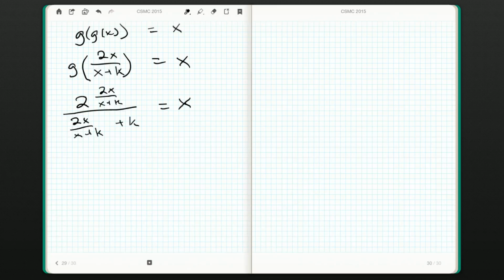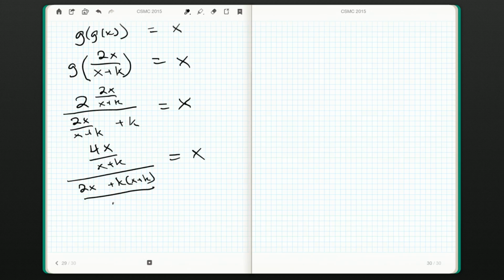All right. So, same as last time, we've got some stuff to resolve on the bottom. With the 2, we can get a 4x over x plus k. I have a feeling some x plus k's are going to cancel out in a little bit. 2x plus k times x plus k, all over x plus k. So now these two, just like we could invert and multiply, they'll still cancel out. So we get 4x over 2x plus kx plus k squared is equal to x.